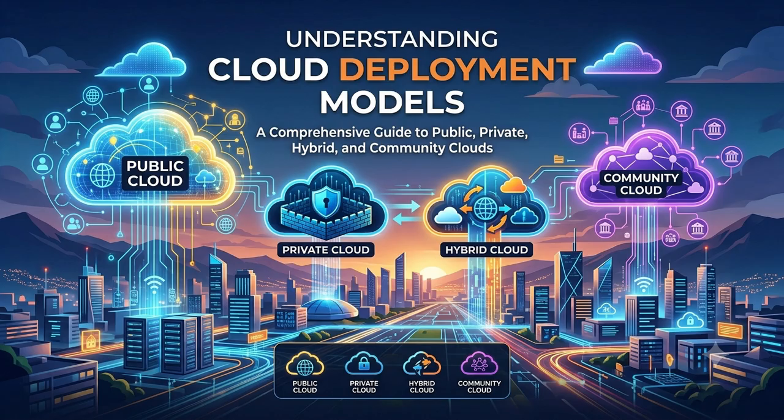5. Configure cloud services. The business needs to configure the cloud services it will use, such as virtual machines, databases, and storage. 6. Test and validate. The business needs to test and validate the cloud environment to ensure that it is working as expected and that data is being accessed and stored correctly. 7.